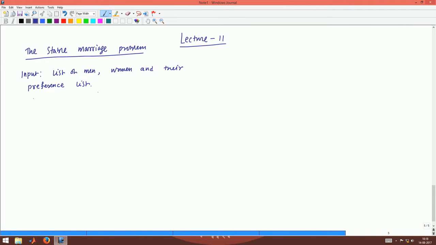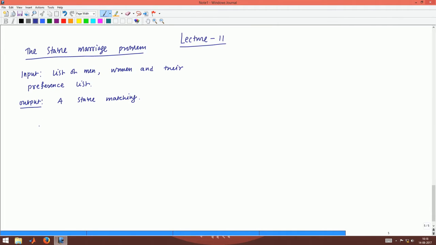Okay. And the output of this algorithm is a stable matching. Okay. Let me start with an example.